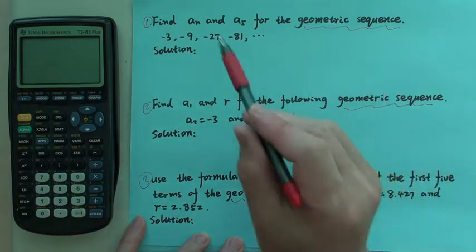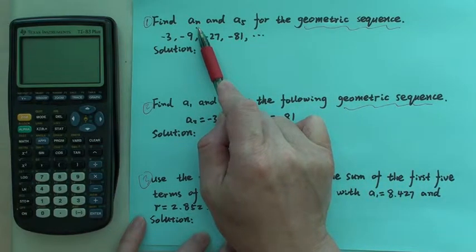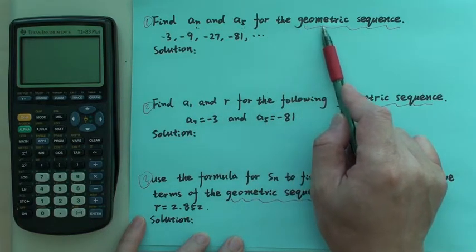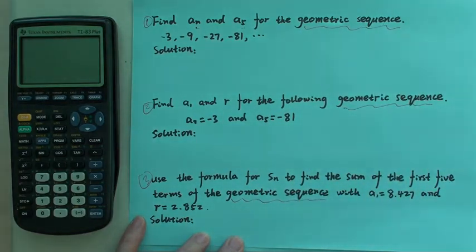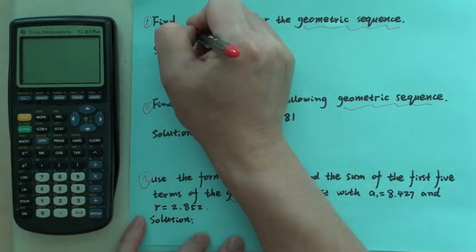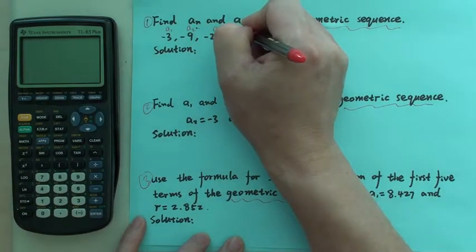The first one is asking us to find the expression for the general term a sub n and also the special term a fifth for the geometric sequence. We know this is a1, this is a2, a3, a4.